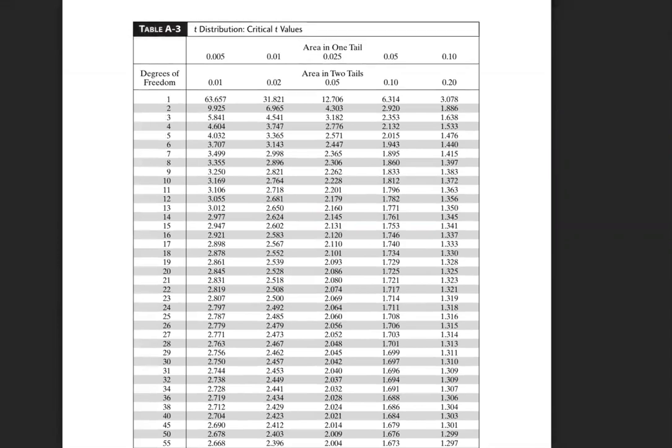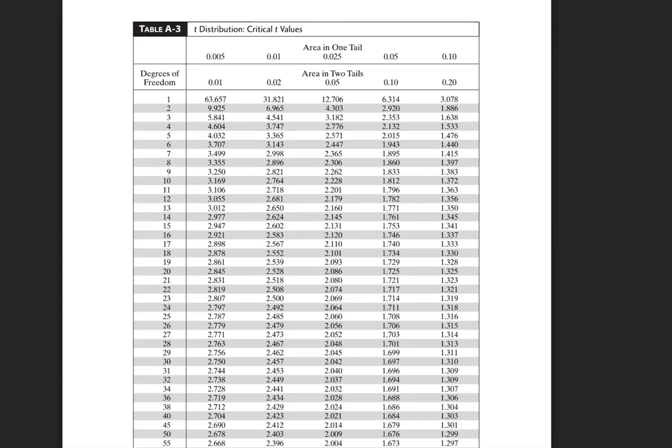That's called the t-distribution table. Now you remember the diagram that we have had, right? On the right hand side area was 0.025, on the left hand side area was 0.025.